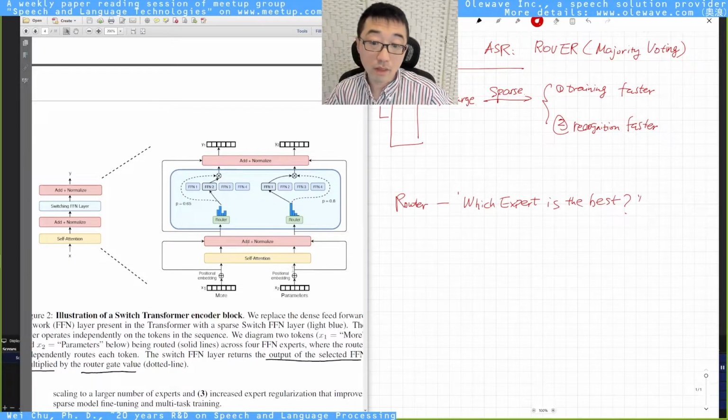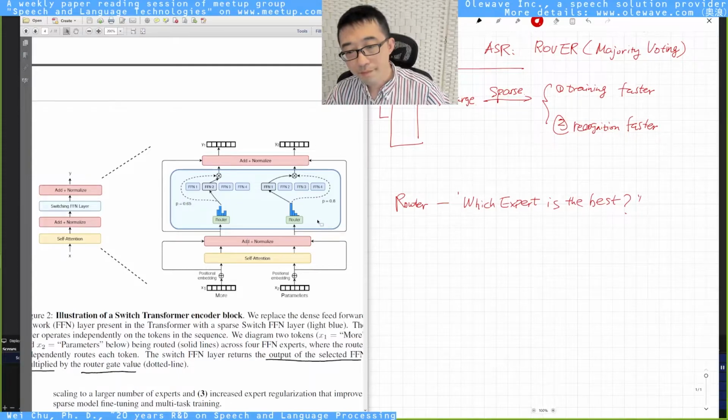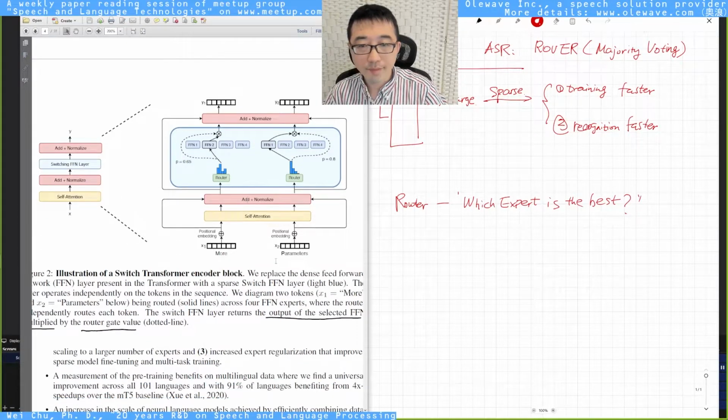Then next time you get another word and pass it through the router, it decides, okay, this time I'm gonna trust the first expert, feed-forward network number 1, because it has a probability value of 0.8.